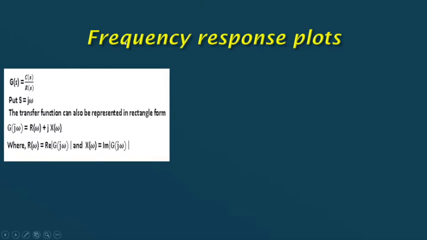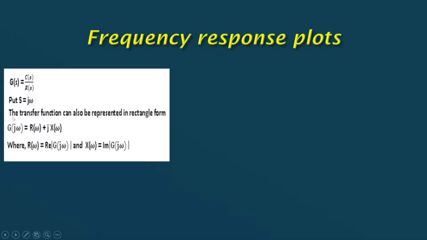Frequency response plots. We know that G(s) equals C(s) by R(s). If we put s equal to j omega, then the transfer function of a system G(s) can be described in the frequency domain by the relation G(j omega) equal to R(omega) plus j X(omega).